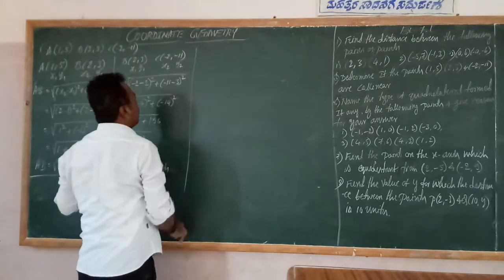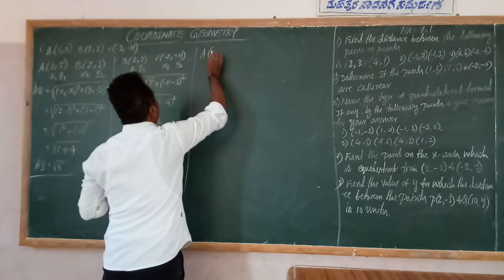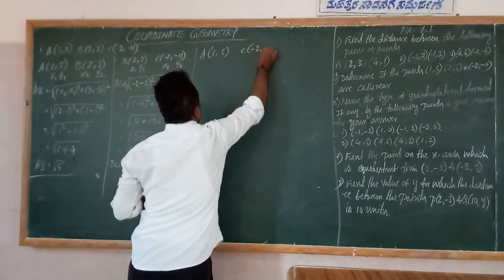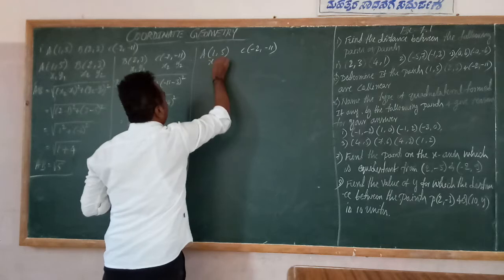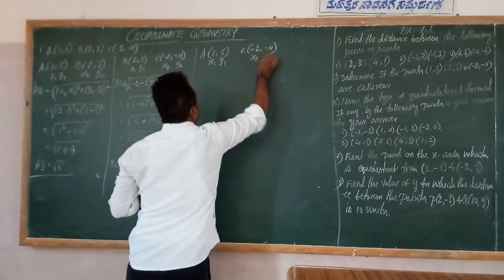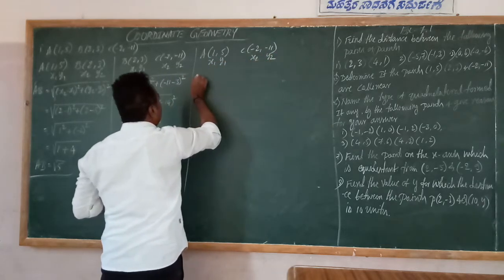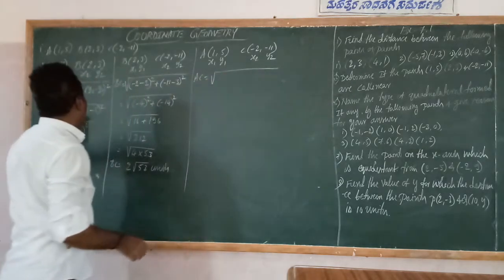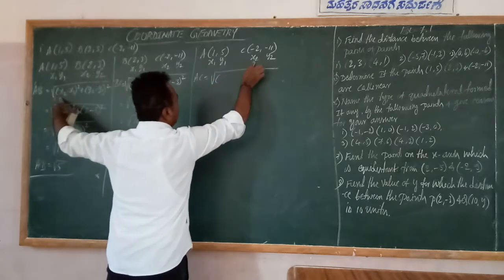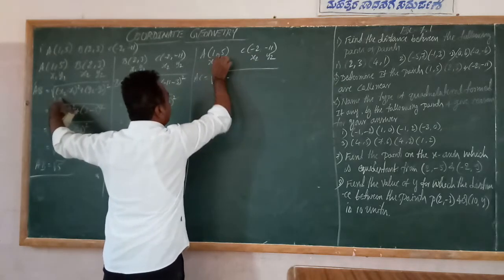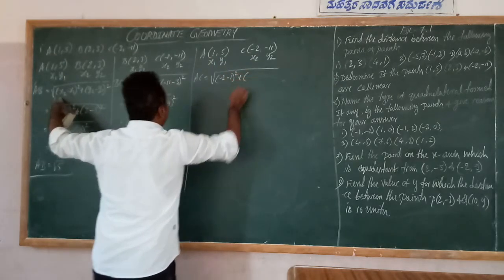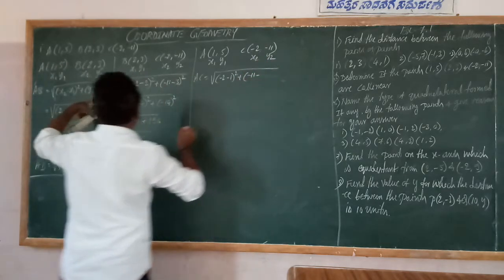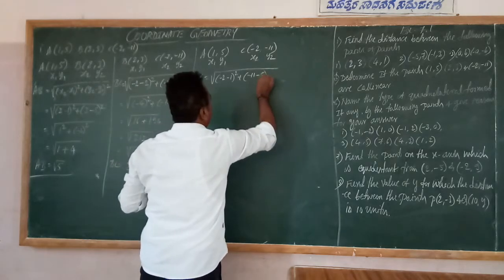And then finally AC. A point is 1 comma 5 and C point is minus 2 comma minus 11. This is x1 y1, this is x2 y2. Now the length of AC is equal to square root of, directly I will use the formula. x2 means minus 2 minus of x1 means 1, minus 2 minus 1 whole square, plus y2 minus of y1. y2 means minus 11 minus of y1 means 5, minus 11 minus 5 whole square.